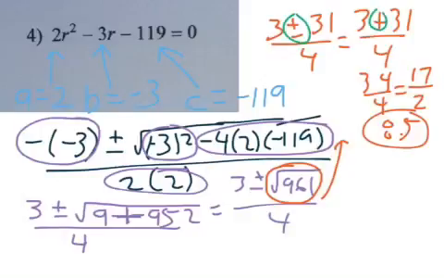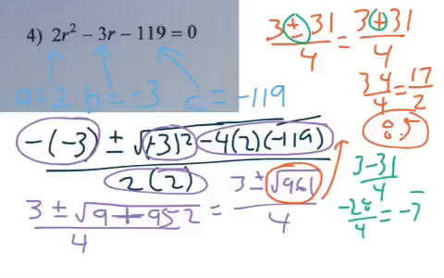But what plus or minus means is I also take the 3 minus 31 over 4, which is negative 28 over 4, which is negative 7. So guys, notice I have two roots, as we call it, 8.5 and negative 7.